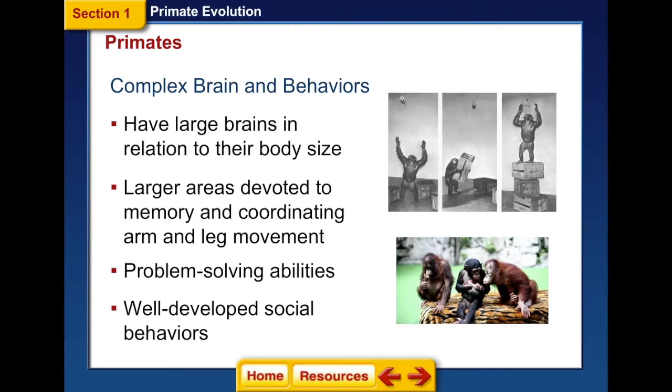We can see a black and white photo of an experiment that was done a long time ago, where a chimpanzee was challenged to reach a set of bananas hanging from the ceiling, and the chimpanzee was successfully able to reach them by simply stacking up some boxes. And then, of course, they also have a well-developed social behavior, again, thanks to their complex brain capacity.